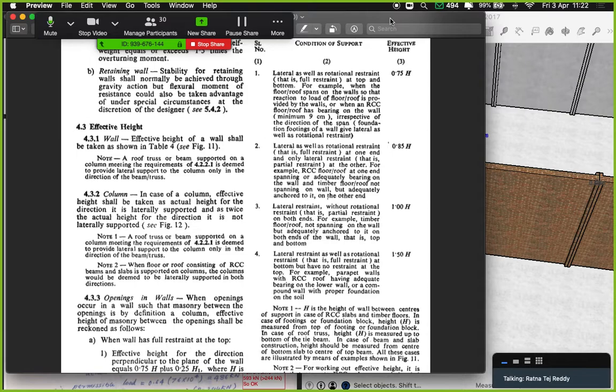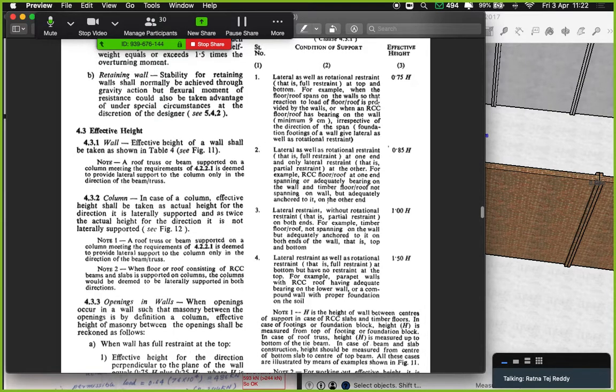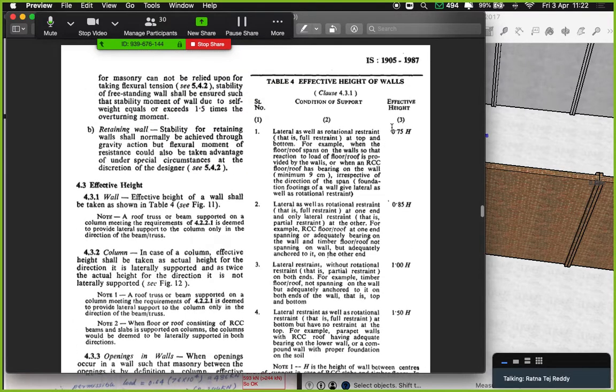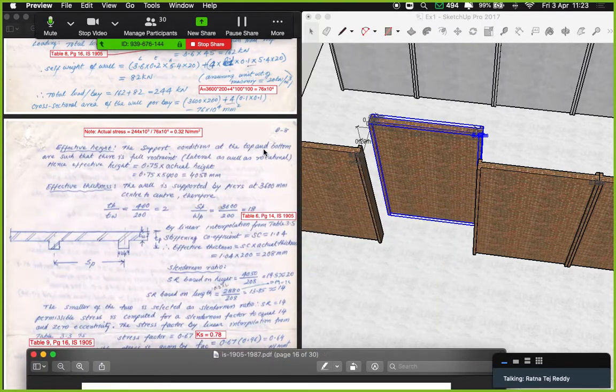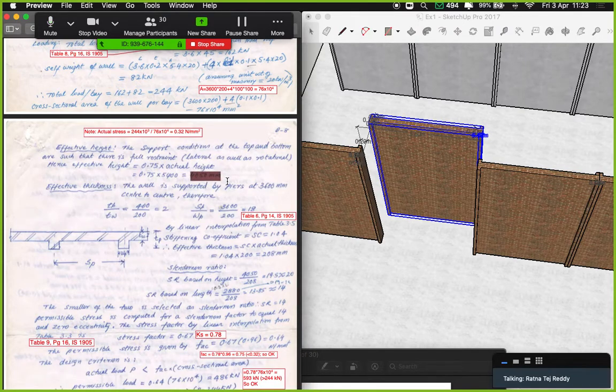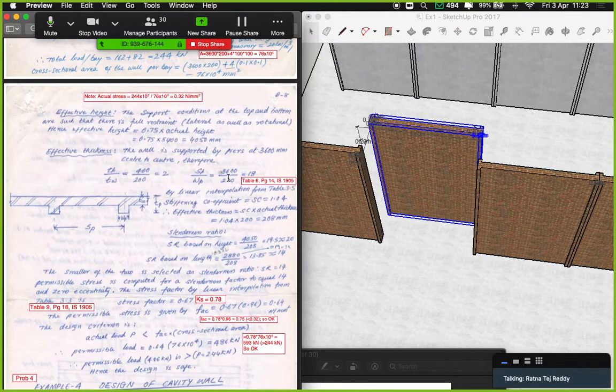So it will be the first condition of table 4, where the effective height is 0.75 times its clear height. So we just multiply 0.75 times 5.4, that will give us 4.05 meters as the effective height.